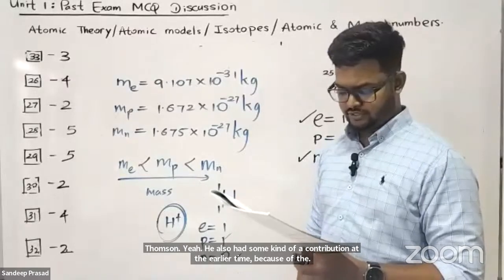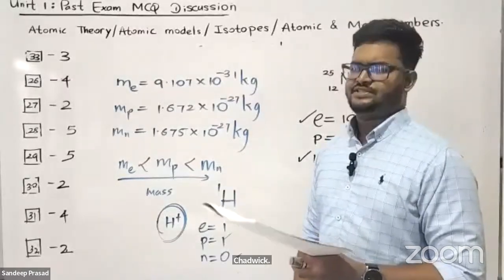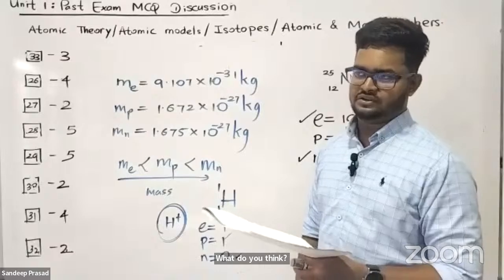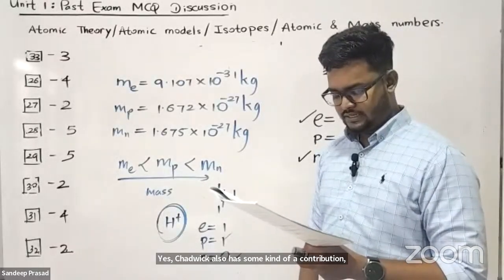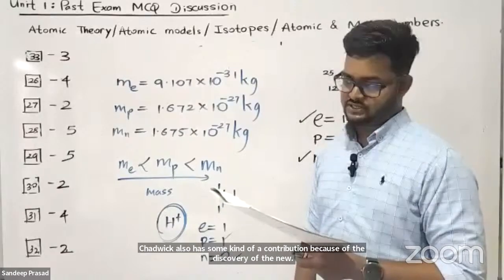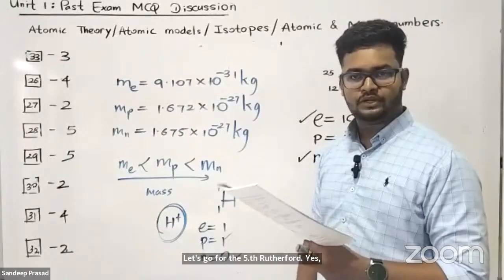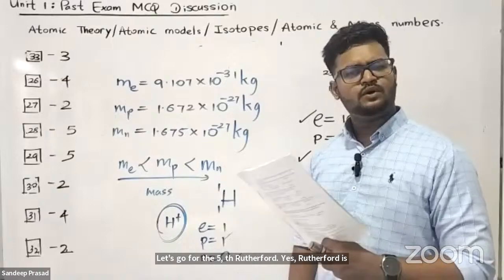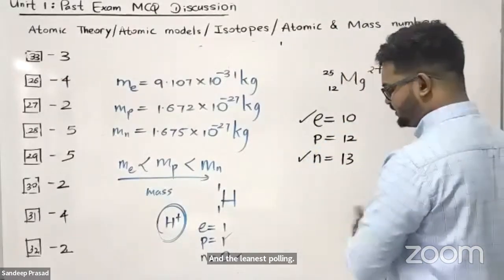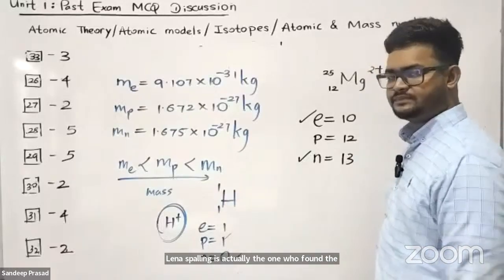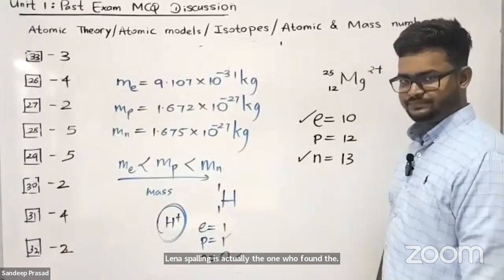Chadwick, what do you think? Yes, Chadwick also has a contribution because of the discovery of the neutron. Let's go for the fifth one, Rutherford. Yes, Rutherford is actually the one who found the atomic nucleus, right? And Linus Pauling is actually the one who found the scale of the electronegativity, right?